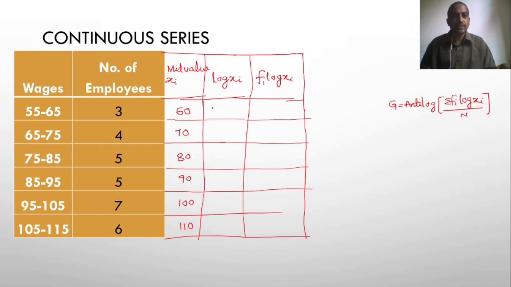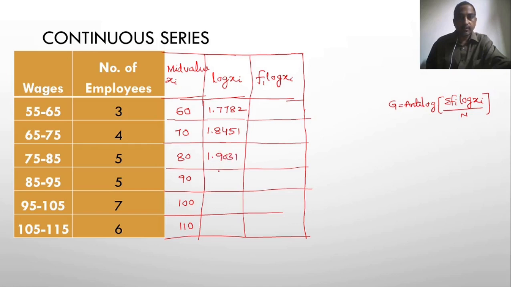Log xi: 60 is 2 digits, that's why 1 point. The log of 60 is 1.7782. 70 is 2 digits, so 1 point; 70 under 0 is 8451. Next 80: 1.80 under 0 is 9031. 90: 1.90 under 0 is 9542.